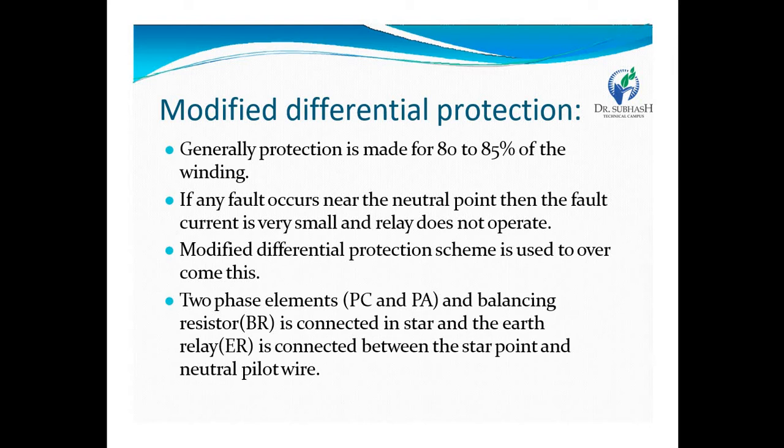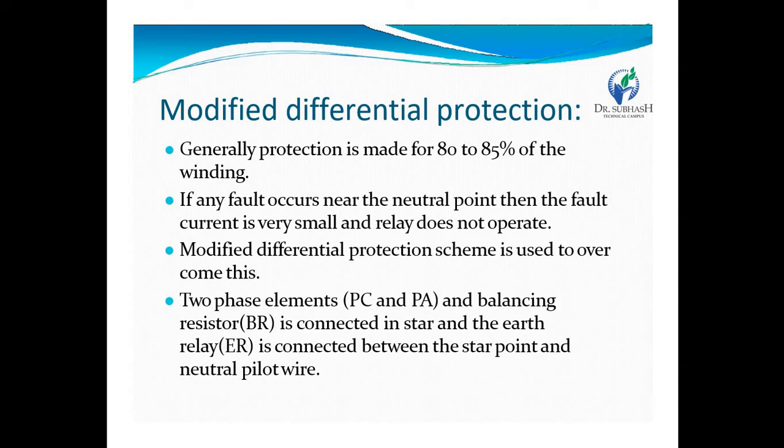If any fault occurs near the neutral point, the current is very small, so this protection scheme doesn't sense that particular fault current and the relay does not operate.